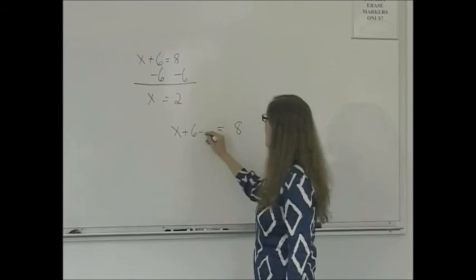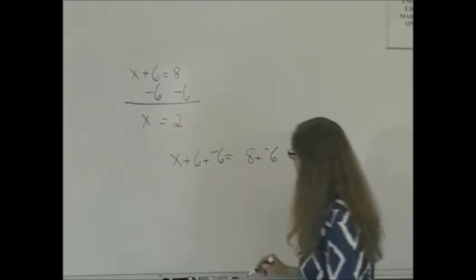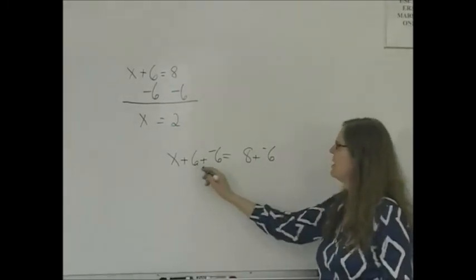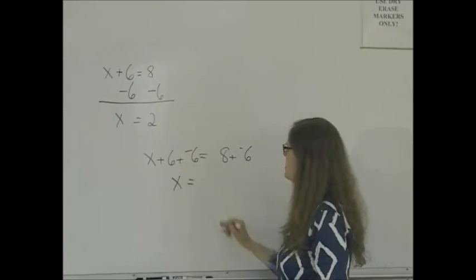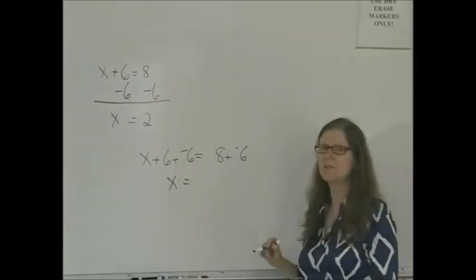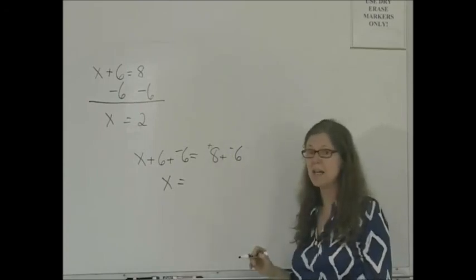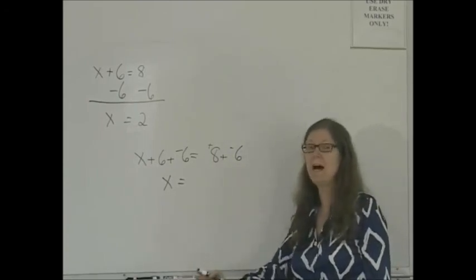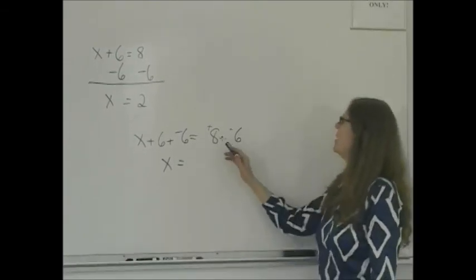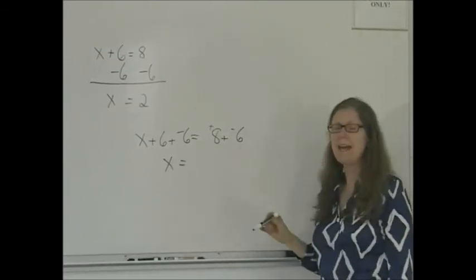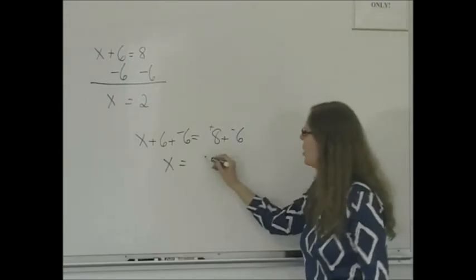Now I would say add negative 6 to this side, add negative 6 to this side. X plus 6 plus negative 6 is 0. X plus 0 is x. 8 plus negative 6: 8 is positive because there was no sign, and everything is assumed to be positive unless there's a sign stating otherwise. So the difference between 8 and 6 is 2, and I use the sign of the larger number.